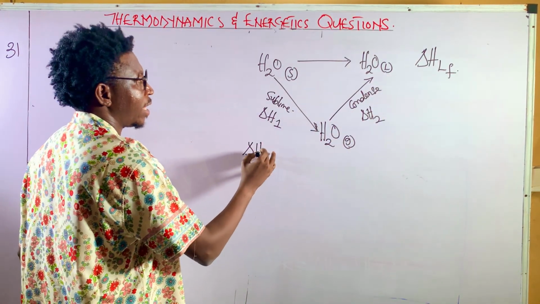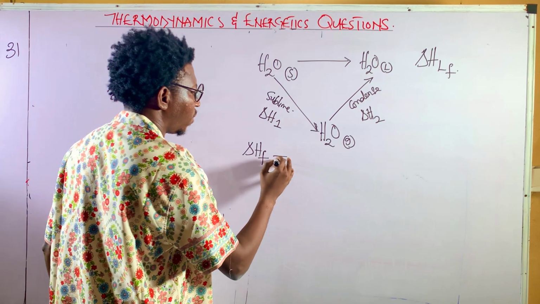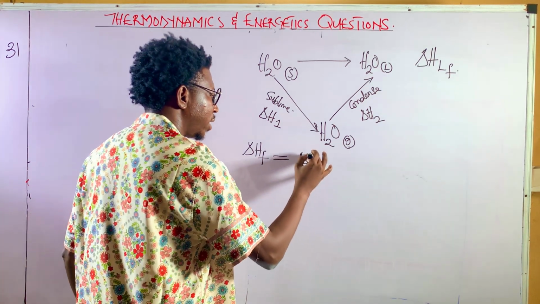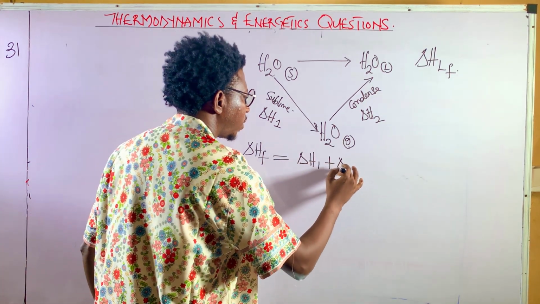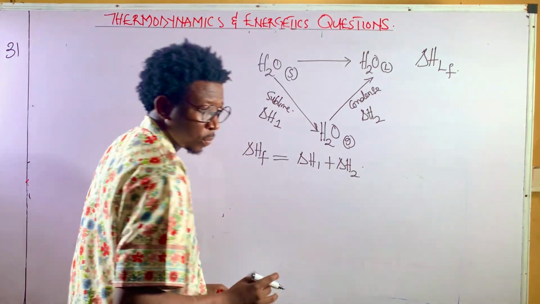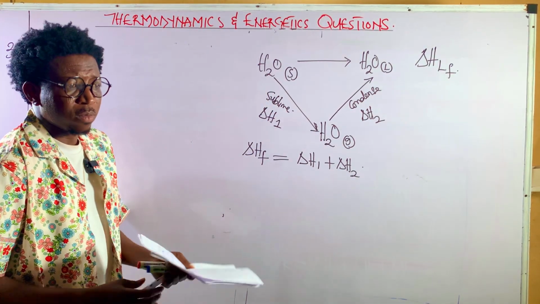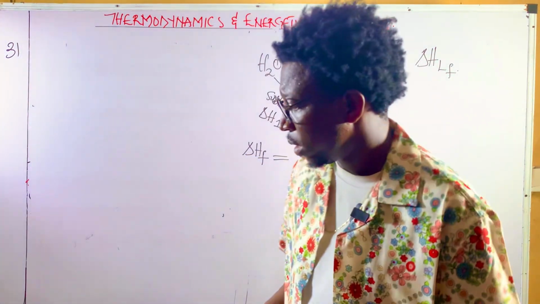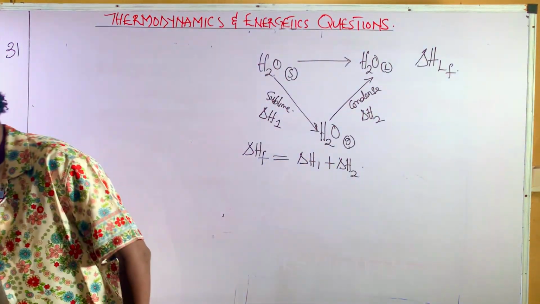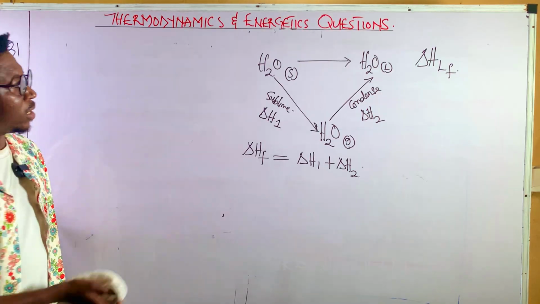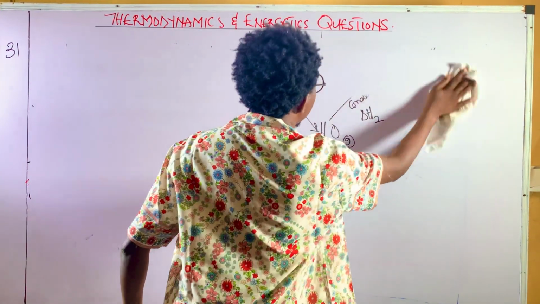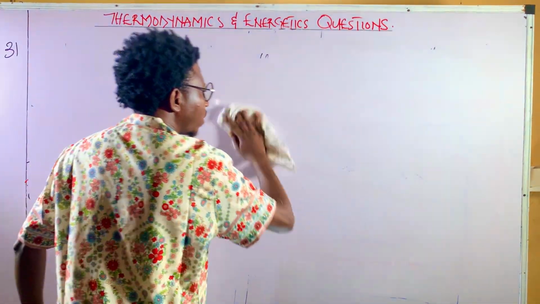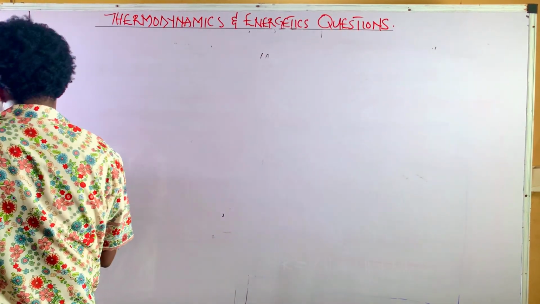So delta HF will be equal to delta H1 plus delta H2. So that's just one simple explanation of Hess law, the law of constant heat of formation. So that's it. It's not that complicated.